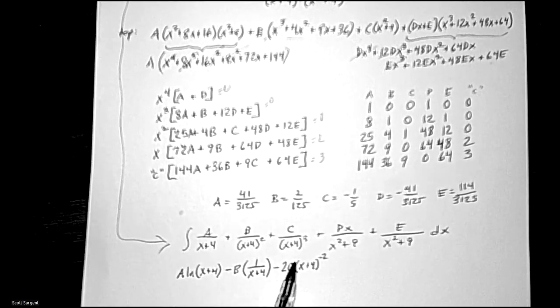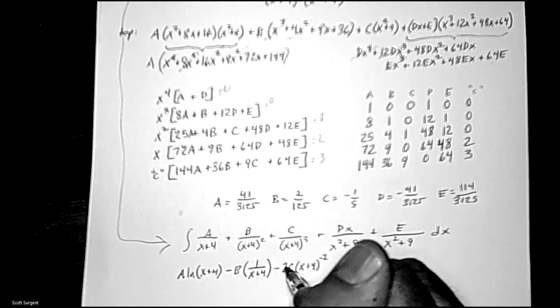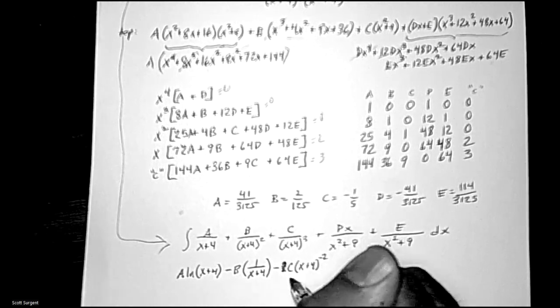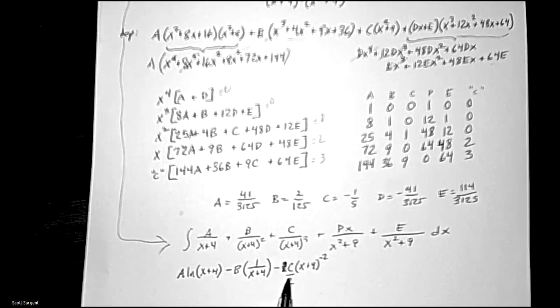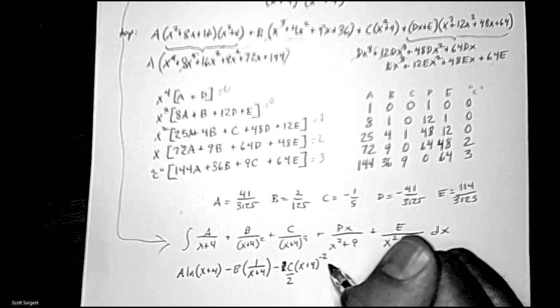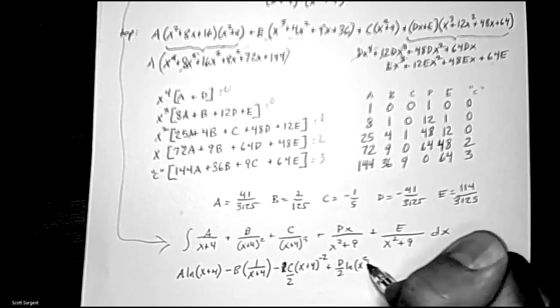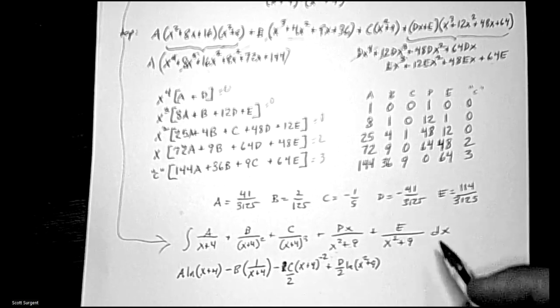I had to do a power rule here, dividing by negative 2. Let me double check that one. Yeah, that should be right. This one turns out to be a natural log. It's going to be D over 2 ln of x squared plus 9, because I had to do a quick u-substitution. And then this one's actually an arctan.